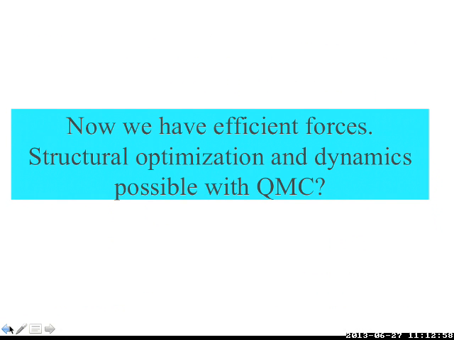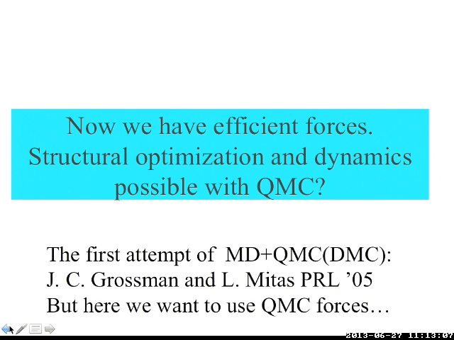So now we have efficient forces. So structural optimization and dynamics is possible with quantum Monte Carlo. That's the main hope. I want to acknowledge that the first attempt was done by Lubos and Grossman, to do the molecular dynamics by quantum Monte Carlo, but without Monte Carlo forces.